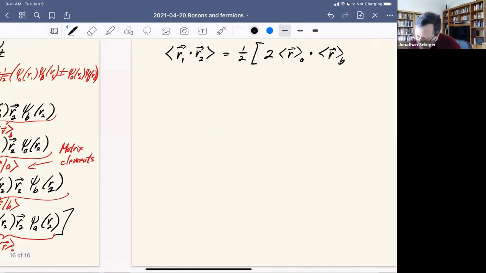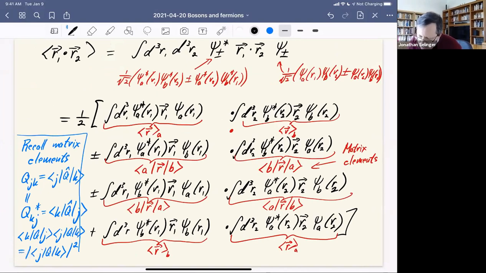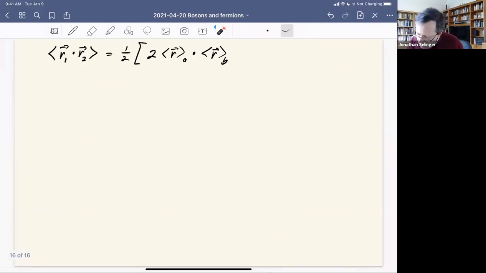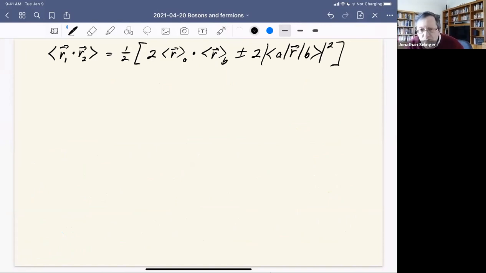And then we have plus or minus two copies of the matrix element absolute value squared. Like that. And so here you can see that the factors of a half and 2 cancel each other.